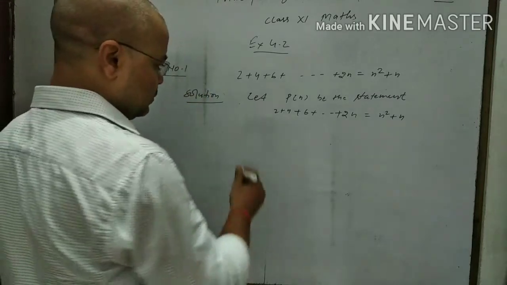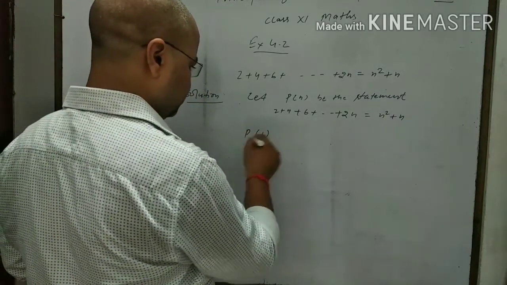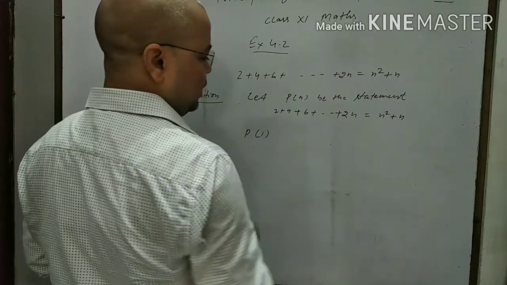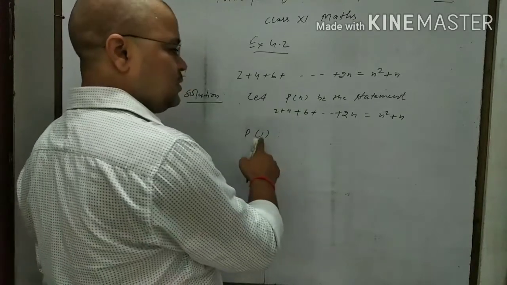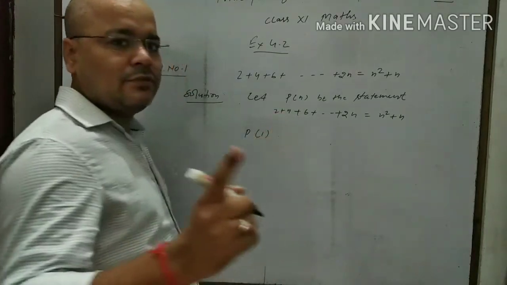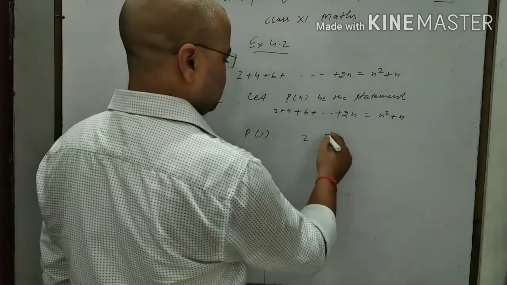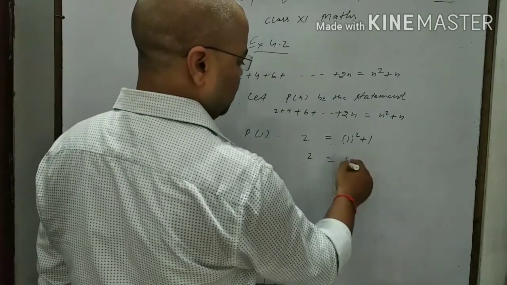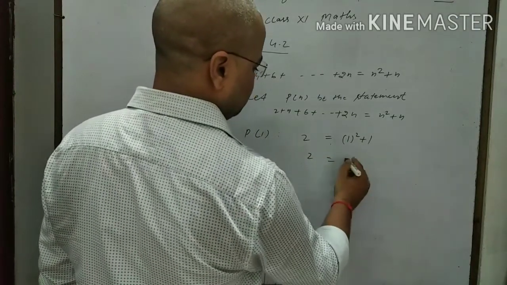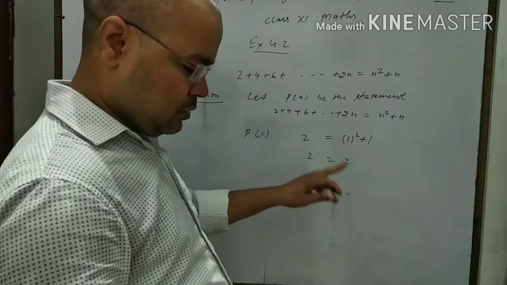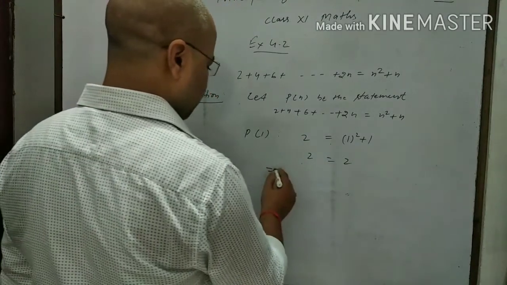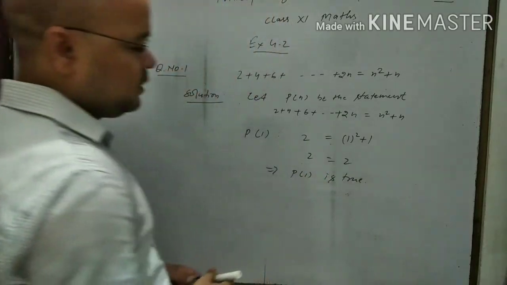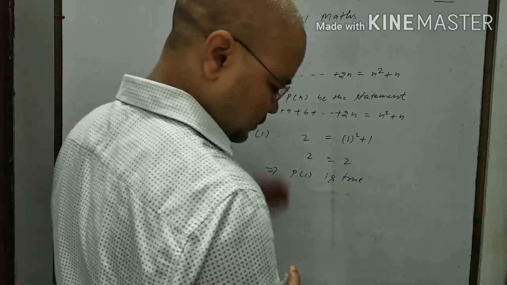Now we should find P1. P1 is what? P1 means first term, that is 2 is equal to 1 square plus 1. Here 2 is equal to 1 plus 1, means left hand side is equal to right hand side. Then we can say that P1 is true.